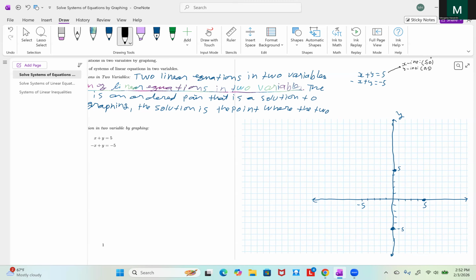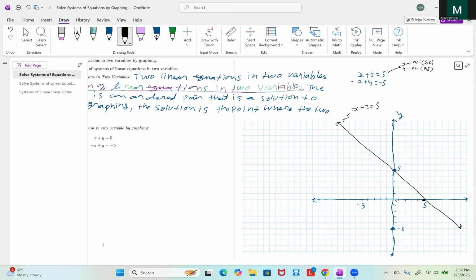So we graph the two points. 5, 0 is this point here. 0, 5 is this point here. And connect the two intercepts and extend the line beyond. And that is the graph of x plus y is equal to 5.